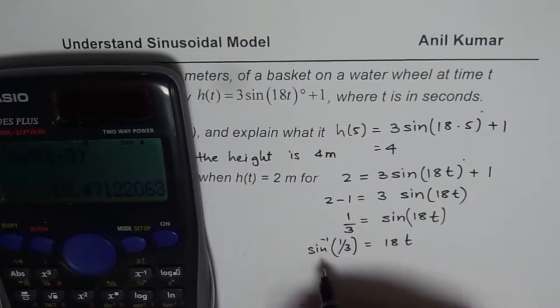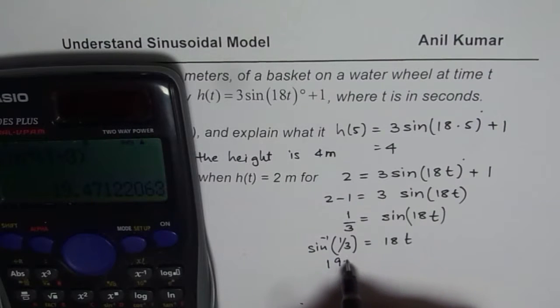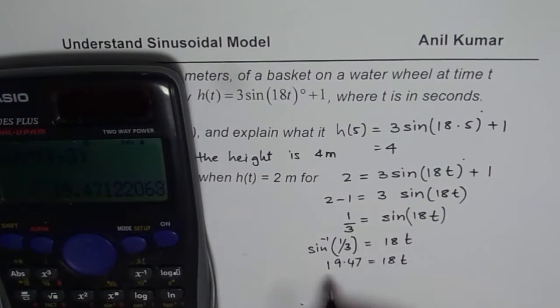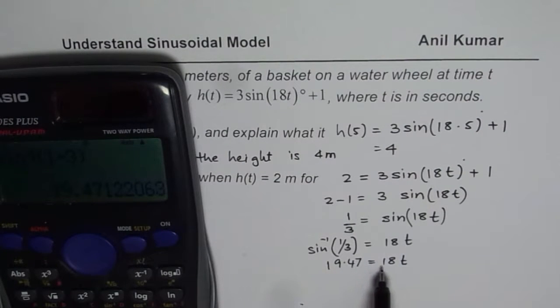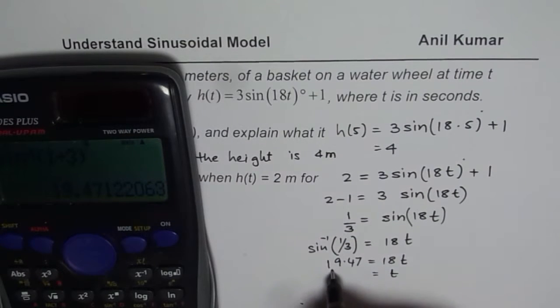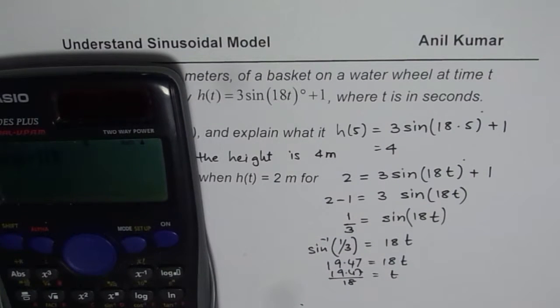So it gives us 19.47, right? So that is equal to 18t. So 19.47 equals 18t. We can find time from here, dividing 19.47 by 18. So if I divide this by 18, we get the value as 1.08. So we get time as 1.08.